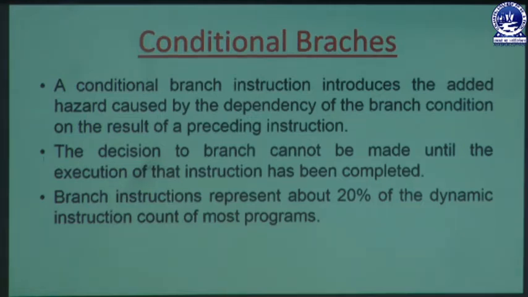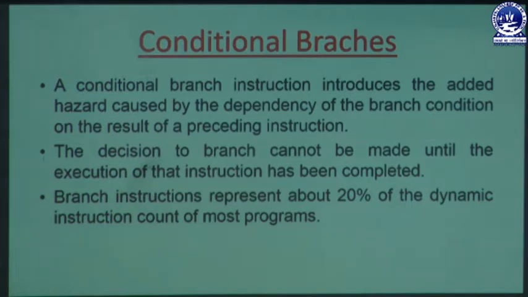That means when a conditional branch statement is introduced in a program, which is a set of instructions, the hazard is caused by the dependency of the branch condition, because if the condition is true, the branch will happen.